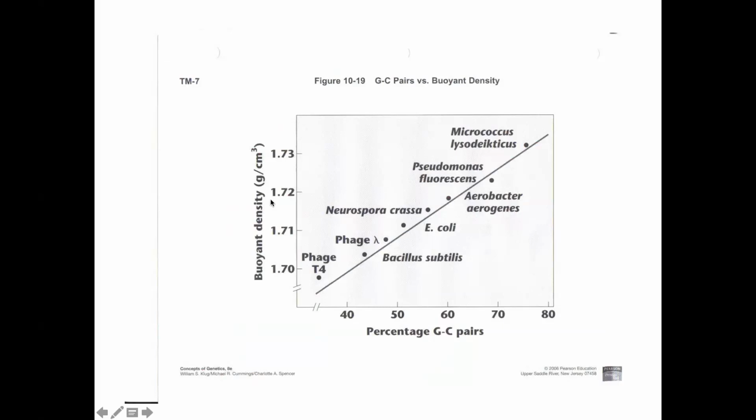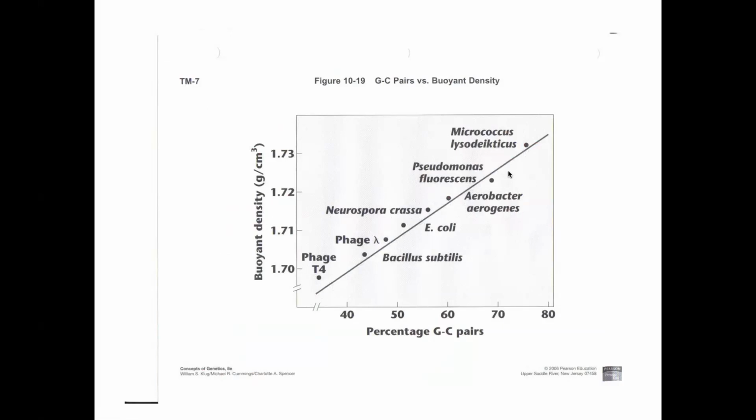So again, DNA purified from many different sources, from bacteriophage to bacteria to Neurospora crassa. You can see that the density of these different DNA molecules aligns very well with this linear graph here.